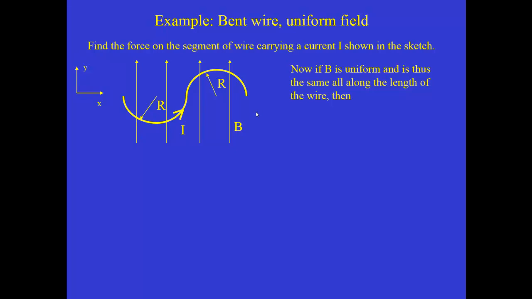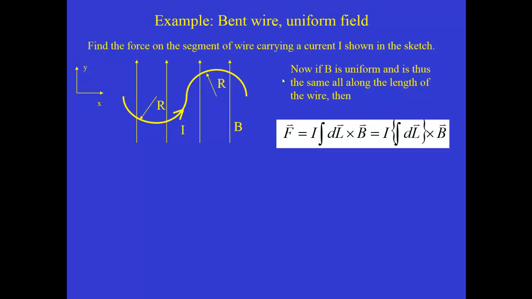If B is uniform, and it's therefore the same all along the length of the wire, then here's what we do. We start with the definition of the force, I times the integral of dL cross B, and since the B is uniform, we can write the cross product like this.